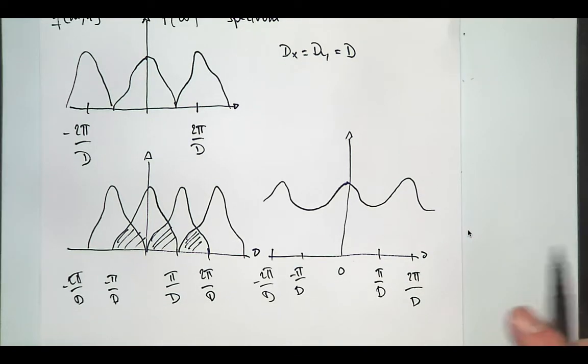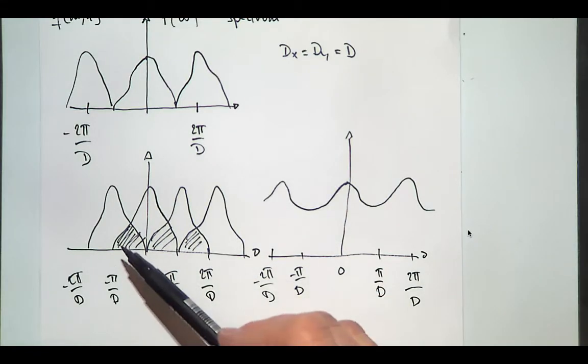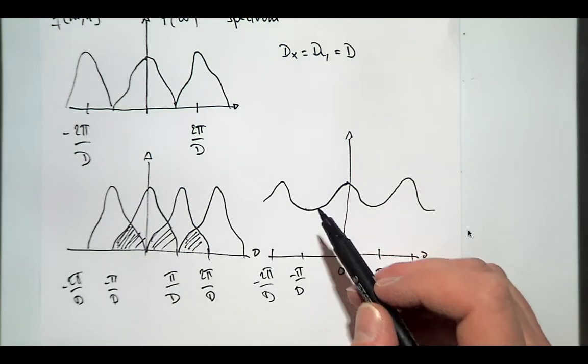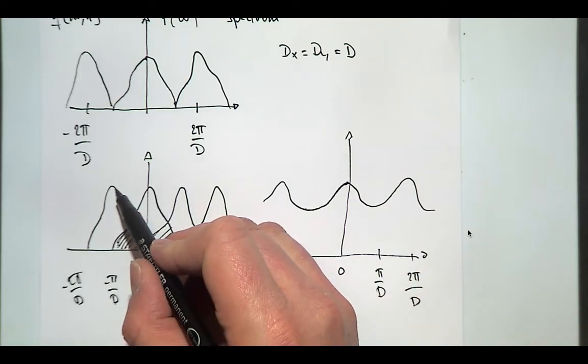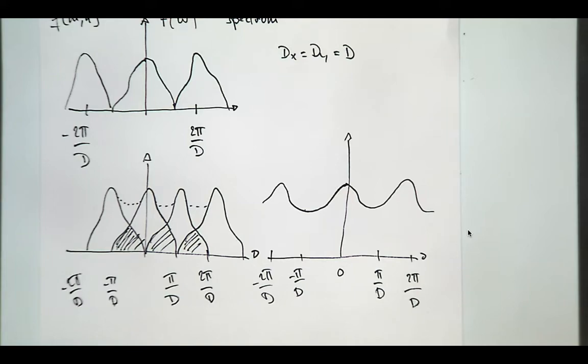This is just the combination of the two. When you add the two, you get this kind of higher level, something like that. That is the final outcome of your signal.